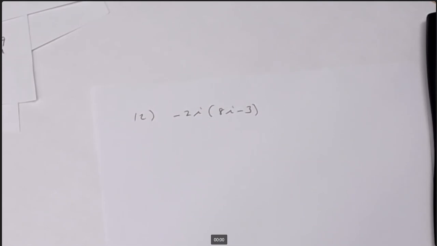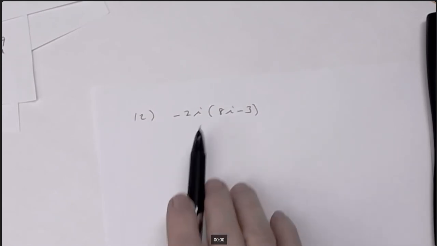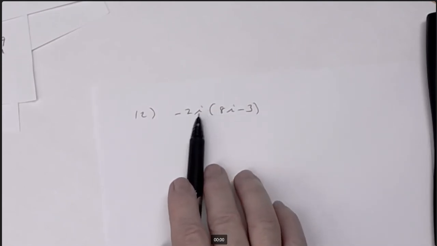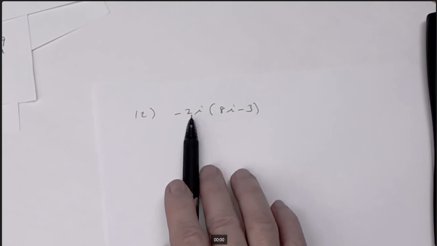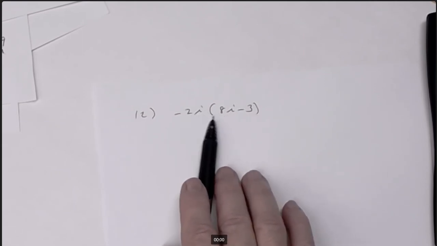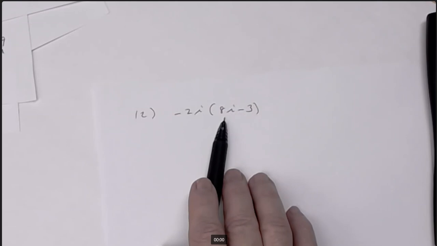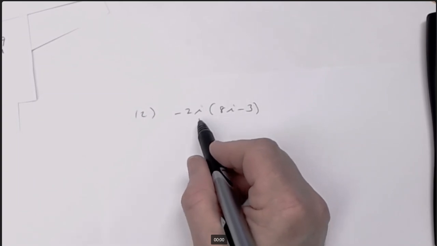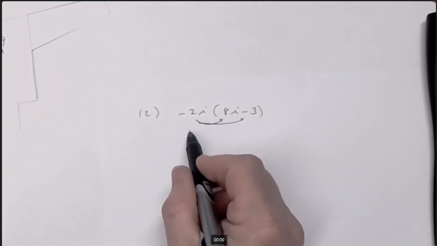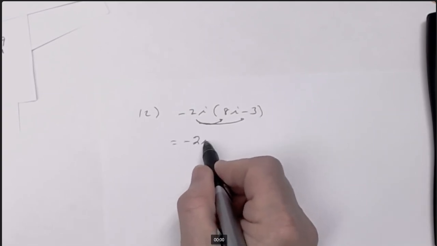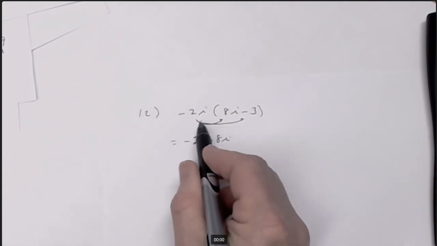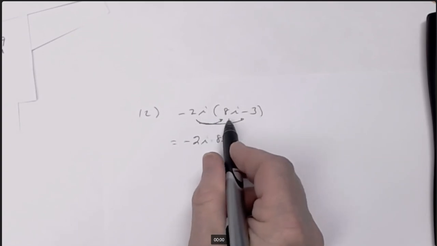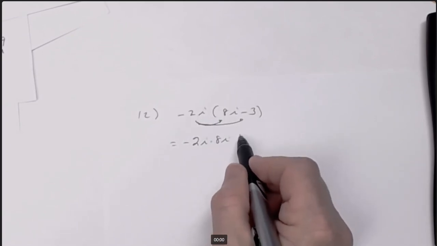So what comes into your mind if you want to get rid of those parentheses? Yeah, the distributive property, correct? So you have negative 2i times 8i. Y'all agree that's what this is? And then plus a negative 2i times a negative 3. Y'all agree that what I wrote here is this?